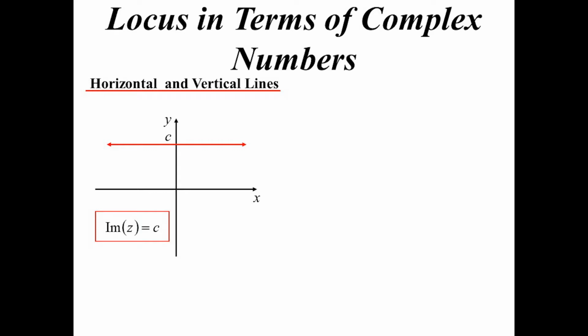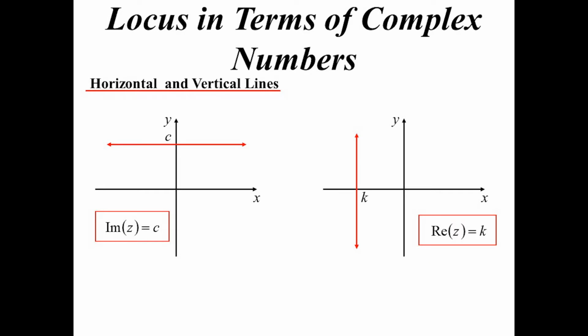Well, they all have an imaginary part of c. So that would be a way of expressing that line. And a vertical line would see a very similar thing. All of the complex numbers that are plotted along that line would have the same real part. So that could be the real part is equal to, well, in this case, k.